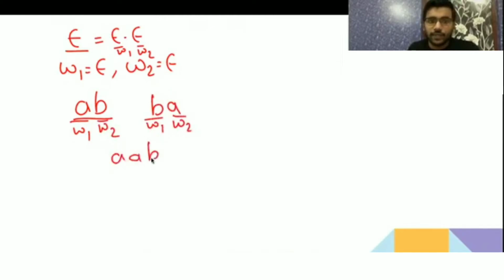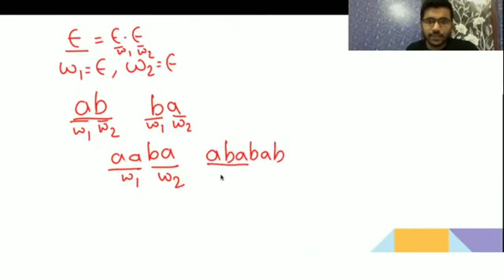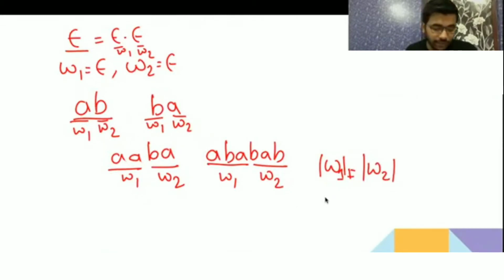AA, BA, W1 this, W2 this. If you take ABA, then BAB, W1 this, W2 this. So whenever you take any string, if length of W1 is equal to length of W2, it is always going to be equal length. Then it is going to be an even length.